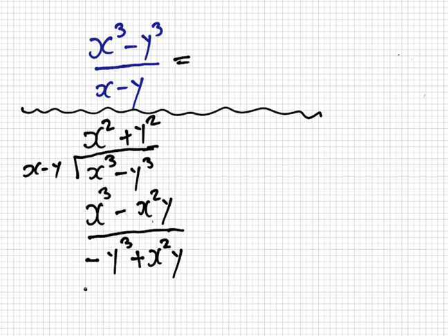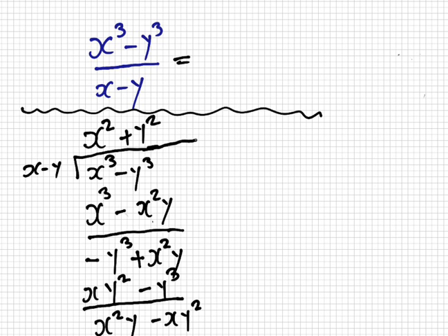So if I do y squared, I'd get xy squared, and then I'd get minus y cubed. Now, when I subtract, they cancel, and what am I left with? X squared y minus xy squared.